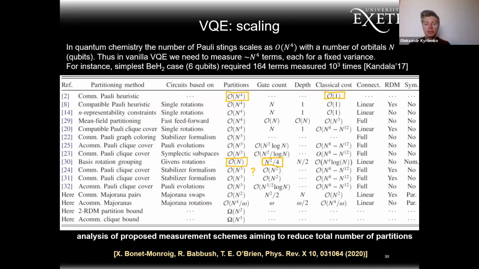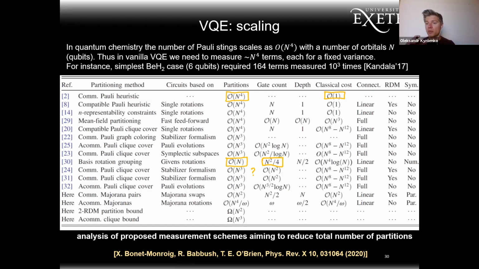And this is a slide from the Bennett, Monroe, Babush, O'Brien paper that summarizes what you can do for measuring the Hamiltonian. The simplest way is to split your Hamiltonian for chemistry into separate Pauli strings, which is easy, but then you get n to the power of 4 terms.